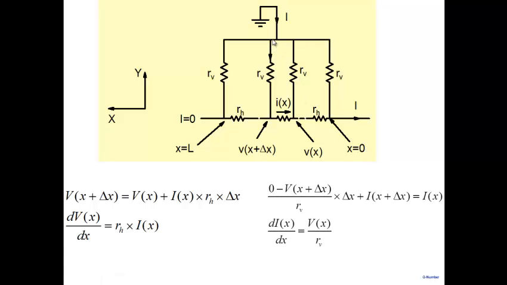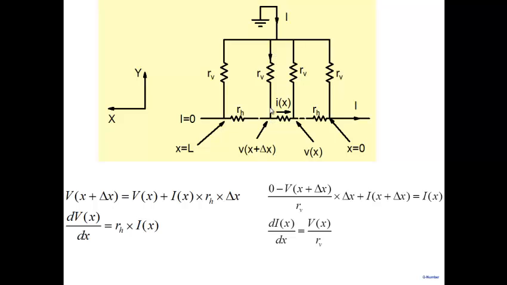Now we can write an equation for I. What we can write is 0 minus Vx, divided by RV, so that's the current coming in this branch here. This current plus the current coming from here, I(x + Δx), must be equal to the current here. So we just write a KCL at this node.